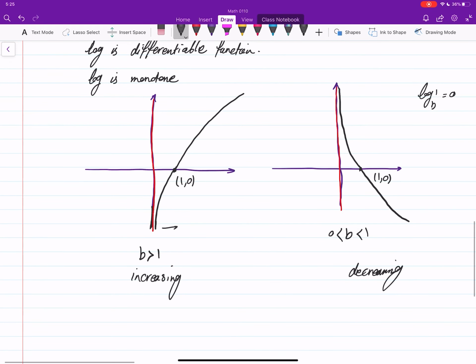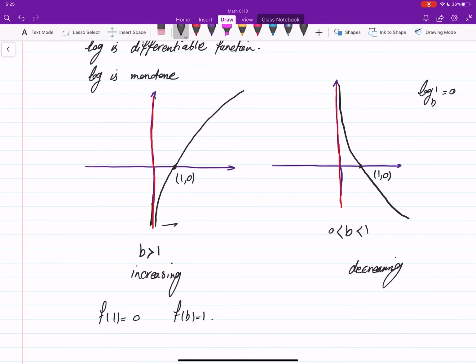And let me just write here f of 1 is 0 always, and f of b is equal to 1. So these are two things that you can see.